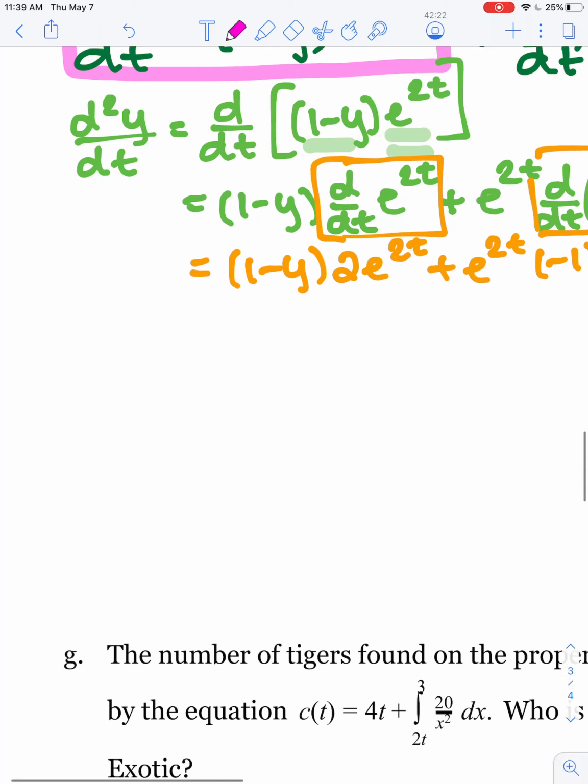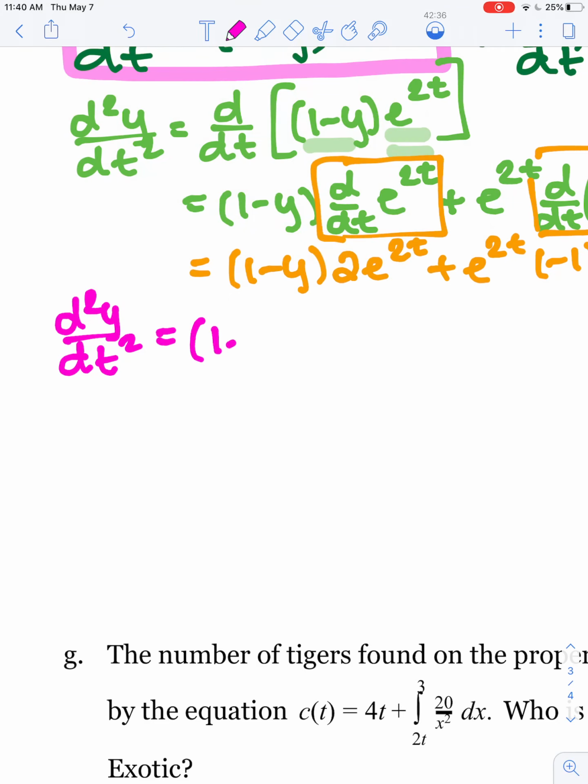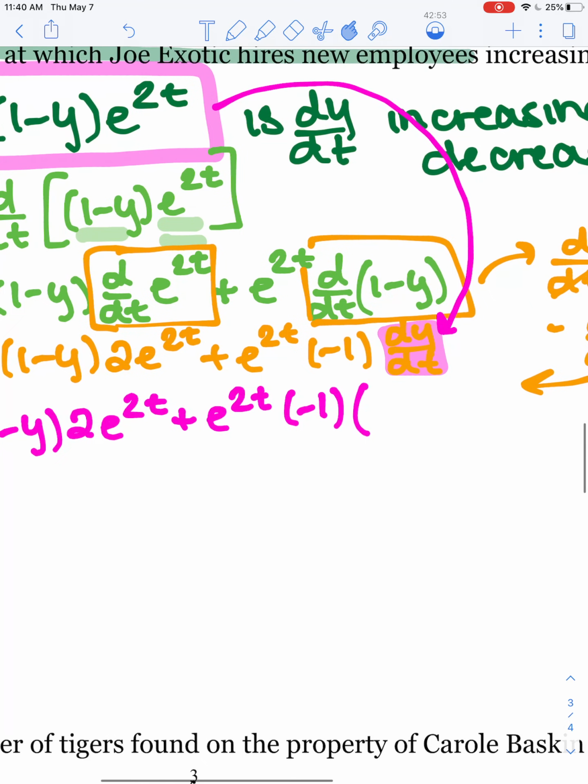So our final answer for the second derivative of y, oops, I just realized that I missed a squared up here in this green line. Our second derivative is then going to be (1 minus y) 2e to the 2t plus e to the 2t times negative 1 times dy/dt, which again we were given in the last question, and that is (1 minus y) e to the 2t.